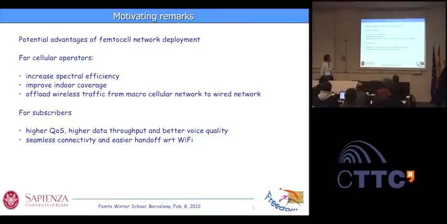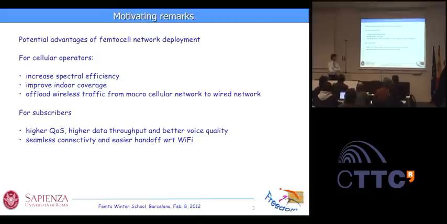With the next deployment of LTE femtocells, it is clear that the subscriber can have a quality of service which cannot be guaranteed by the current Wi-Fi deployment.